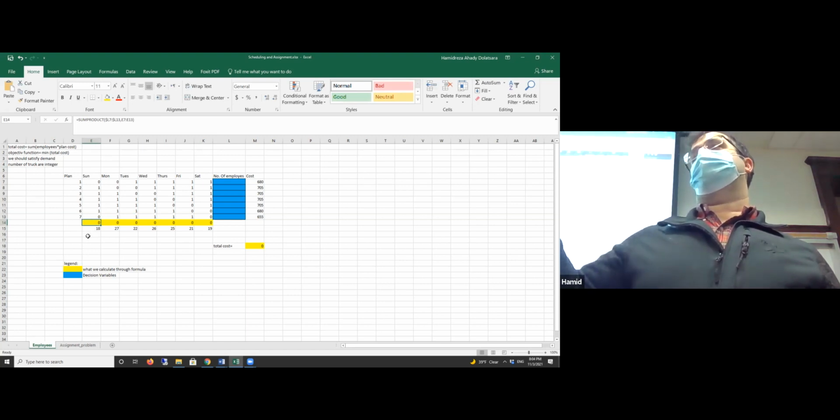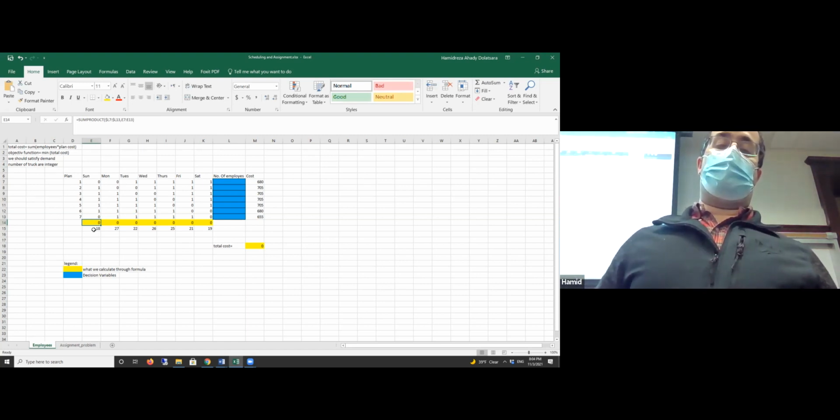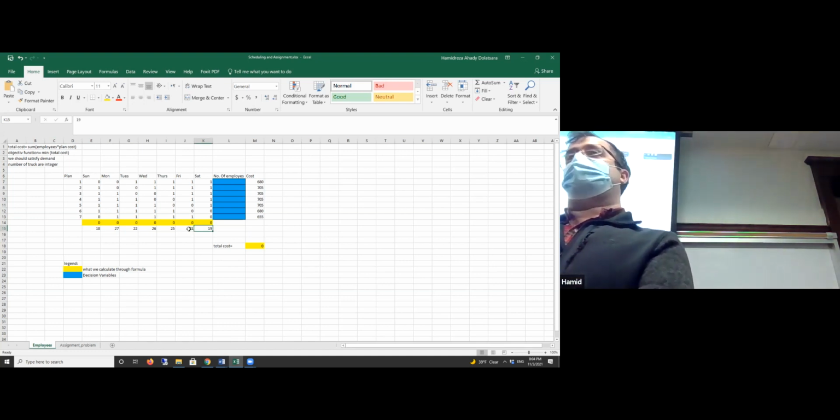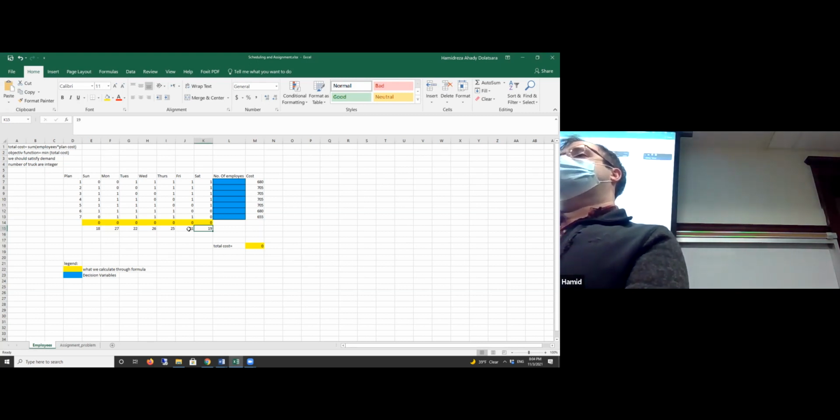Because 2 from one, 3 from the other, but you should at least have 18. So it's not acceptable because you don't follow the constraint. Same for Monday, Tuesday, up to Saturday. So the yellow just shows how many workers you have on that specific day, given the decision variables that you have.